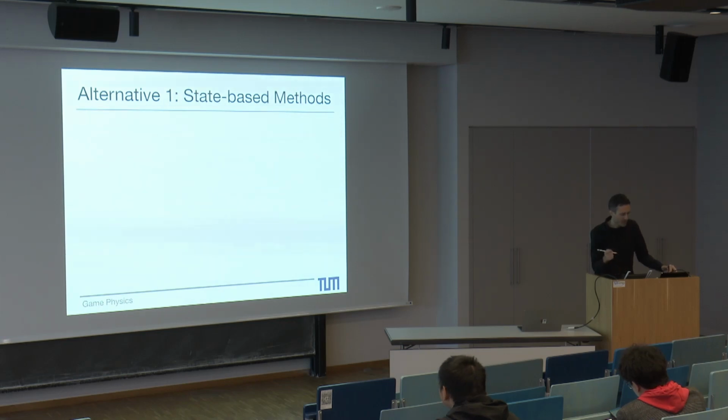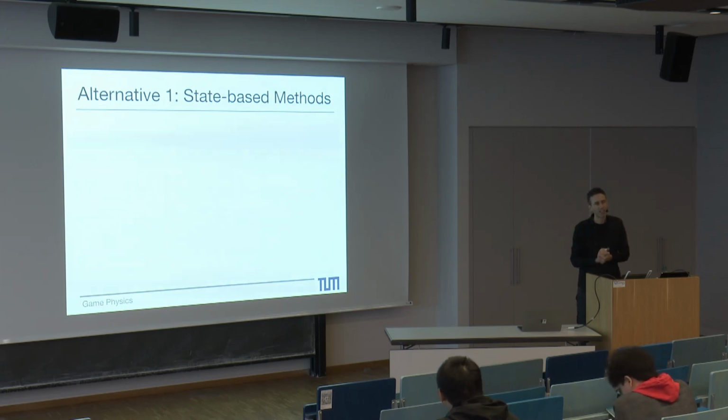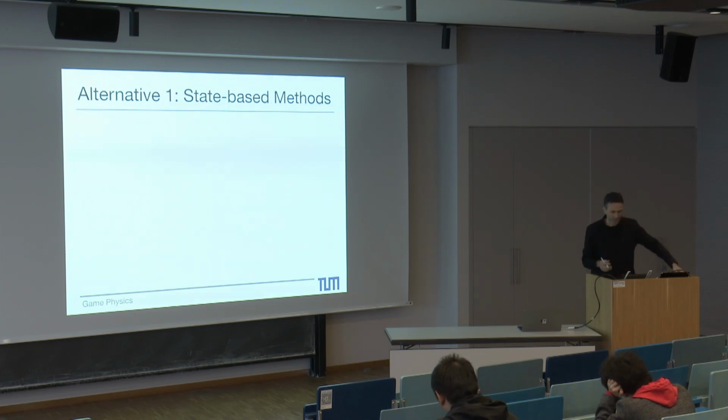So one alternative is what you could call state-based methods. And the idea is a bit this classical runtime, memory consideration. So we increase the accuracy by basically evaluating this f function, our derivative function, more often. You can instead save more memory versus runtime to compute a better update. And that's what these methods do.